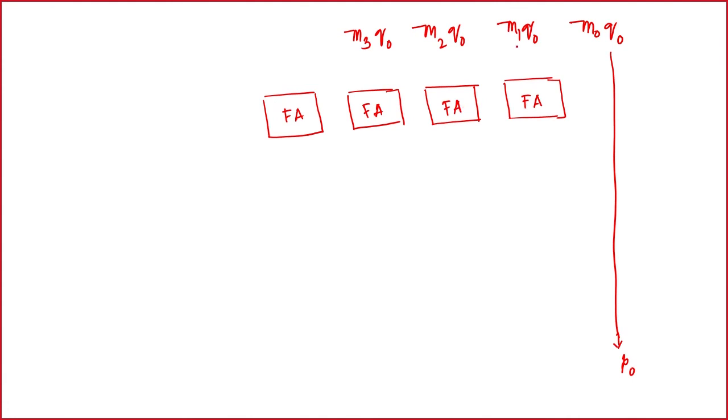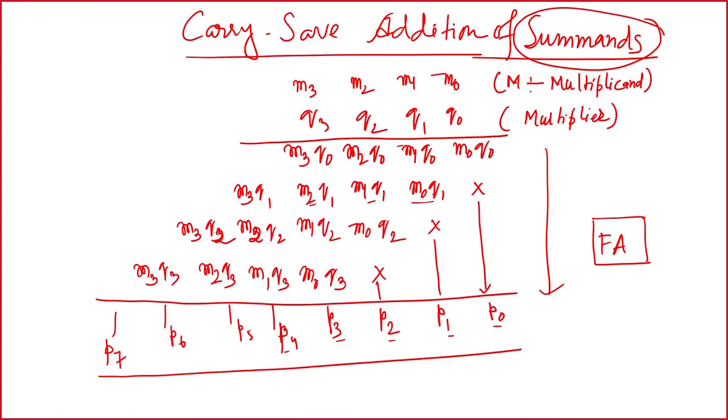One input of this full adder will come directly from the first row of the previous circuit. What is that? The first row is this one, this is the first partial product, or you can say first summand.